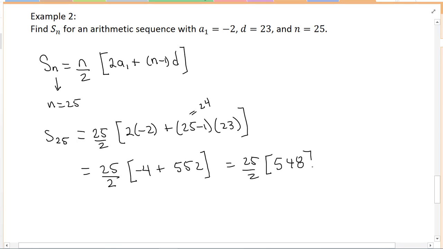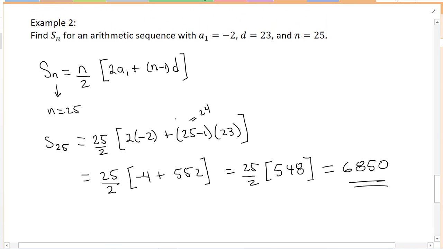It's essentially 552 minus 4. And yay, that's an even number. So I can do 2 into 548 and then multiply by 25. And this gives us 6,850. So that means that the sum of the first 25 terms for this arithmetic sequence is 6,850. So that's how we do it.